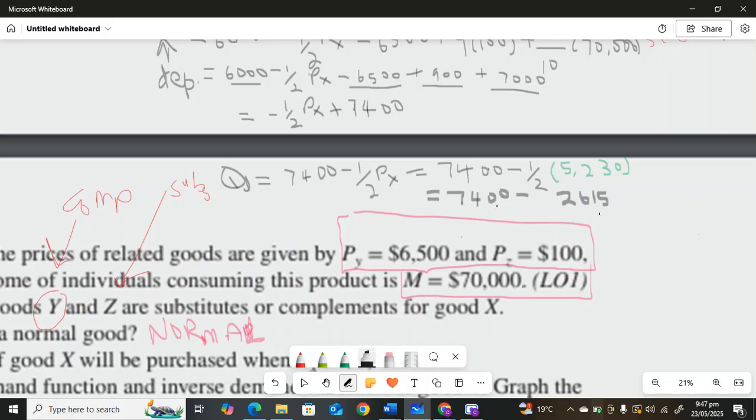Okay, 7,400 minus 2,615 is 4,785 units. So that's the quantity demanded for good X.